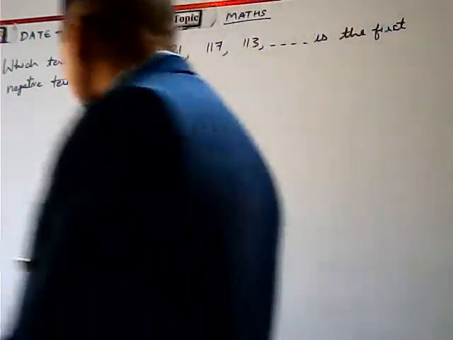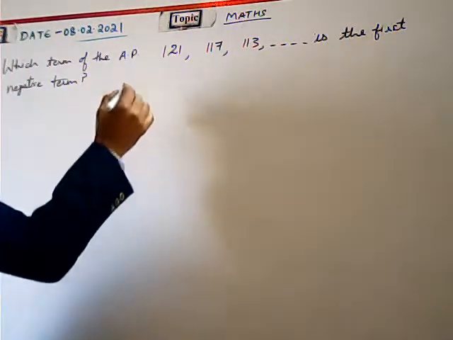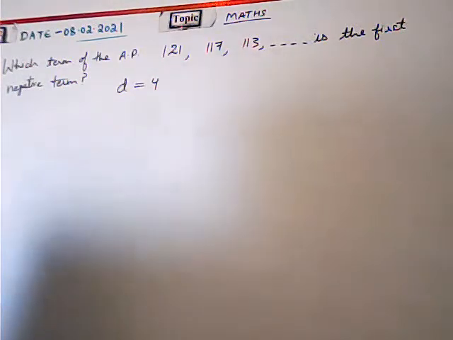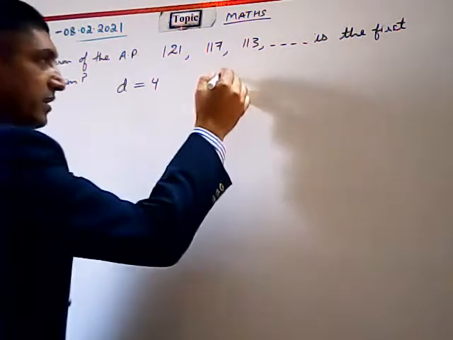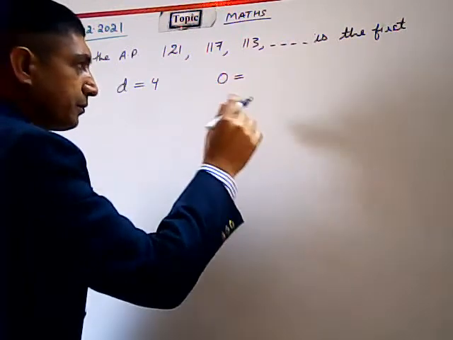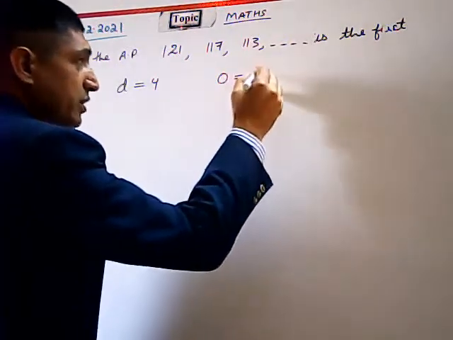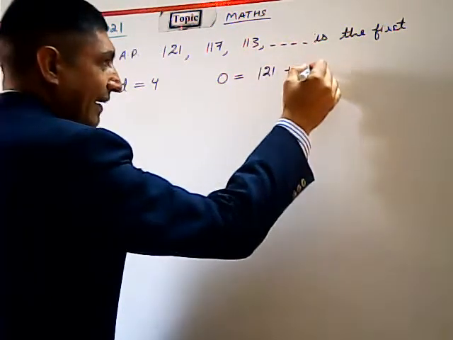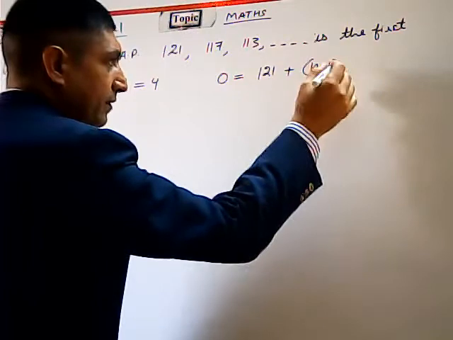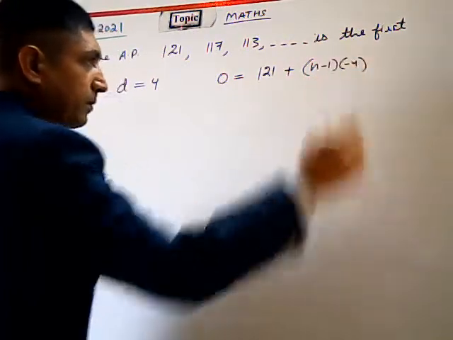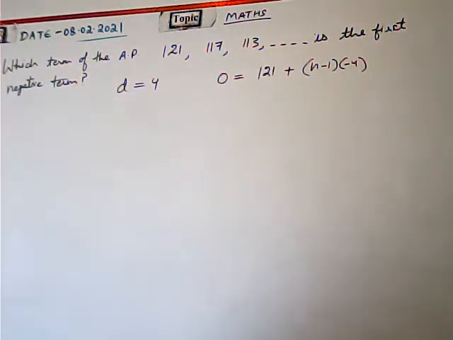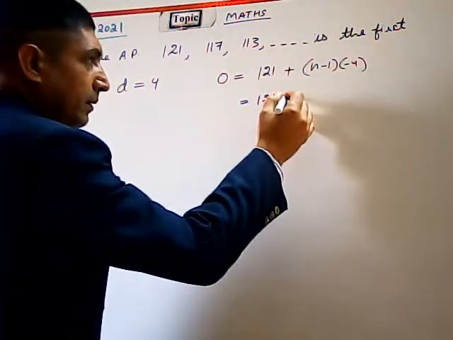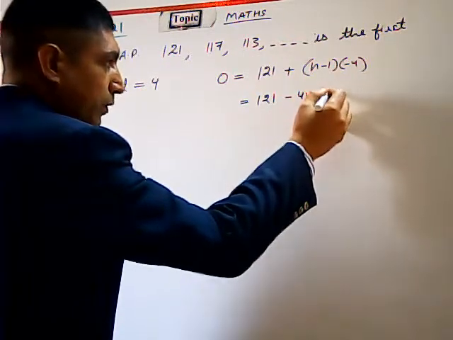Right? Common difference D is minus 4 here, and we will check whether 0 is a term of this AP. 0 is equal to A plus n minus 1 into D. Common difference is minus 4, right? So what we have here, 121 minus 4n plus 4.